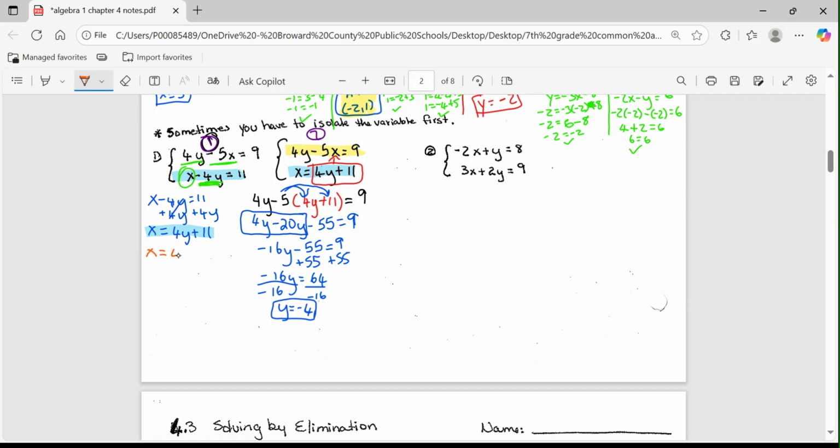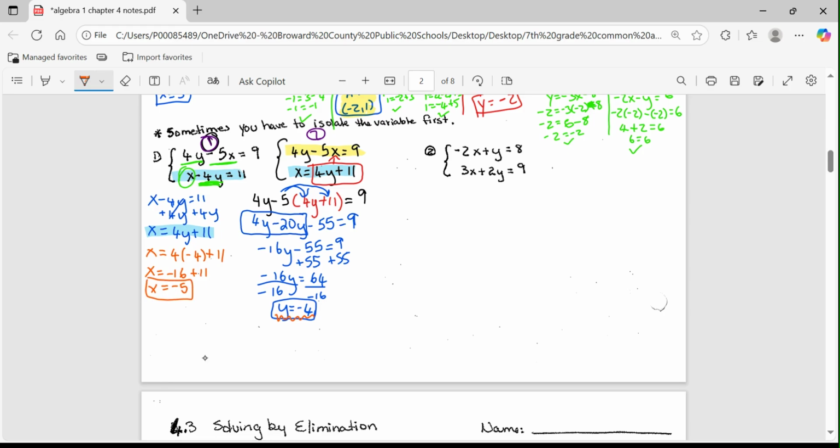So x is equal to 4 times negative 4 plus 11. That negative 4 again is the y. So my x is equal to negative 16 plus 11. My x then is equal to negative 5.